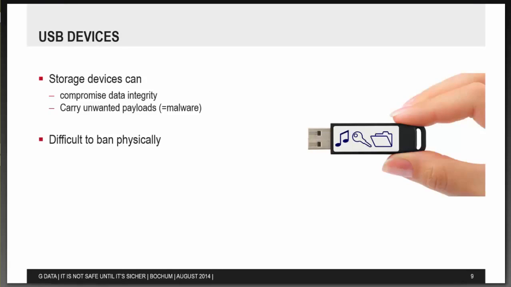But we see those things nowadays. So just a handful of those cards has enough capacity to store entire servers full of information, and that is quite an issue, because we can hardly ban those things physically from our premises, unless, that is, we want to X-ray all of our staff every time they come in. And that is, I would say, hardly acceptable, let alone healthy.